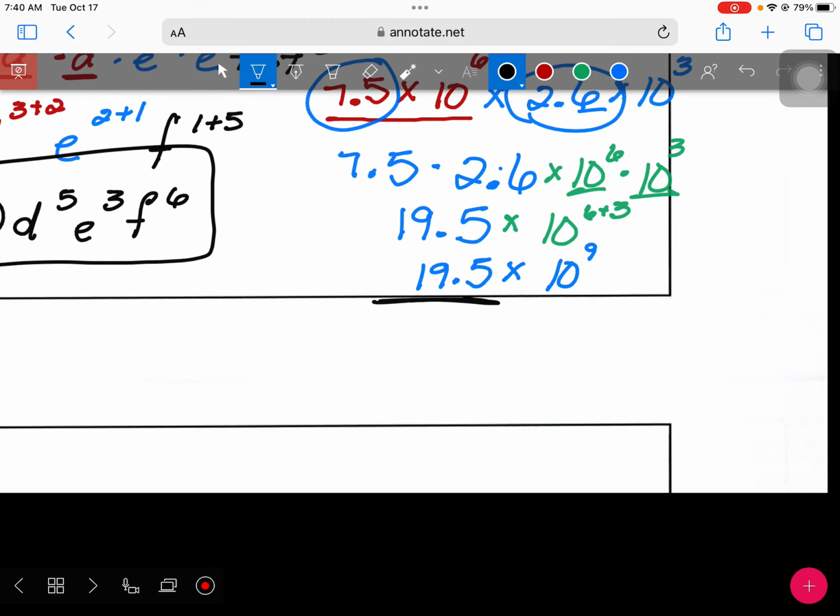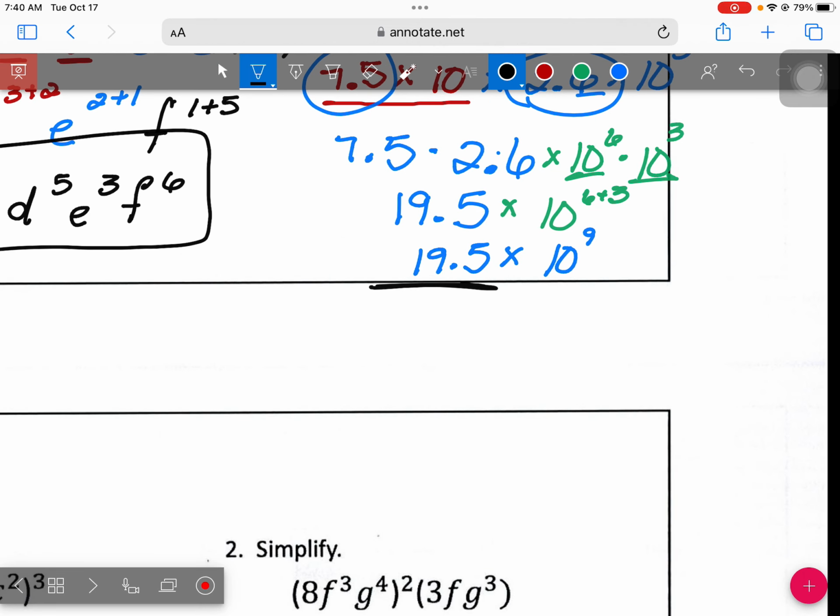So if I change this into scientific notation, 19.5 becomes 1.95, which means I moved it one place to the left. So that's times 10 to the 1st power.